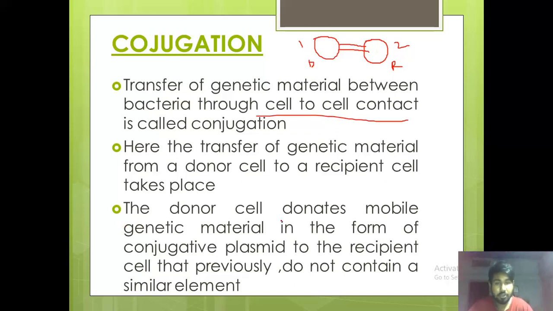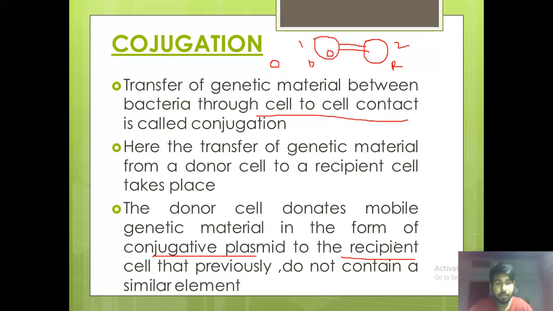Now the donor cell donates mobile genetic material in the form of a conjugative plasmid to the recipient cell. What do we mean by plasmid? A plasmid is a circular form of DNA present in prokaryotes. So this is the plasmid of the donor bacterium.